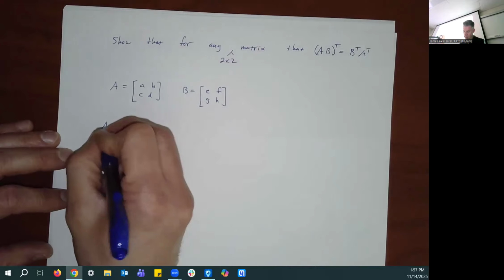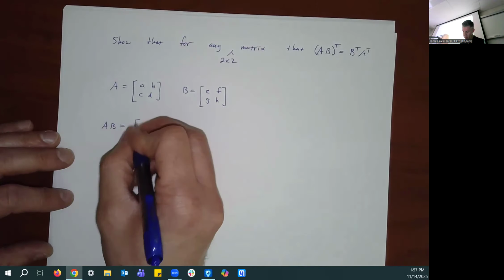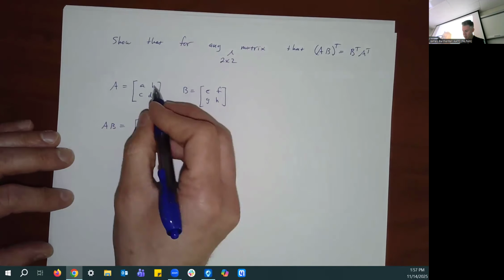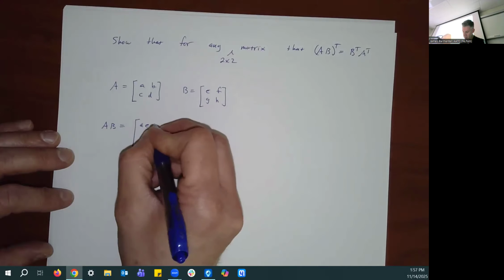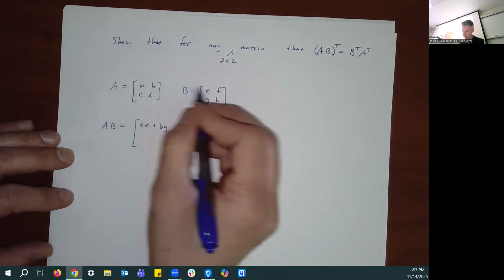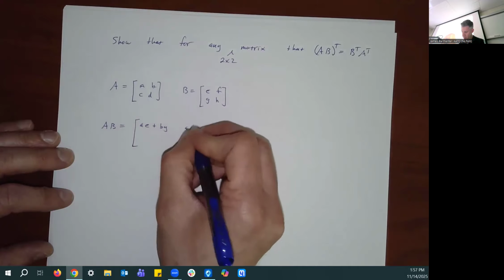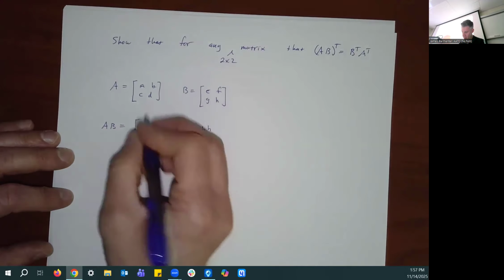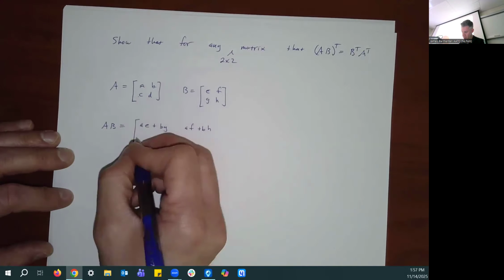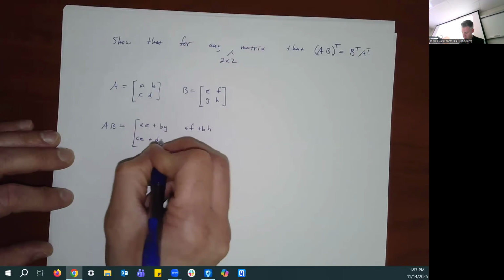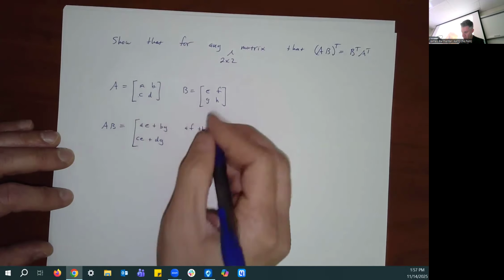So A times B is equal to AE plus BG, and then AF plus BH, and then CE plus DG, and then CF plus DH.